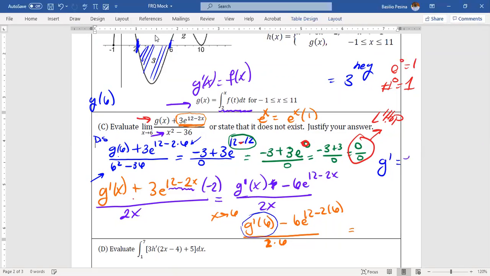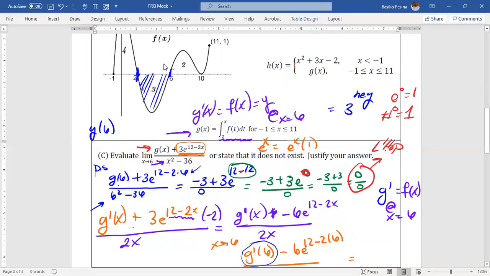So in reality, we want to find f of x at x equals 6. What does that mean? Well, that means you just want to find the y value. The y value at x equals 6. Super easy, right? So what is the y value at x equals 6? What is this y value right here?